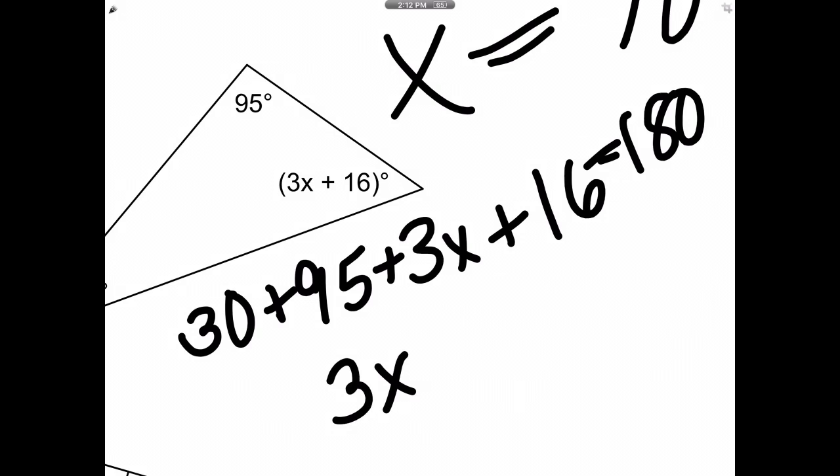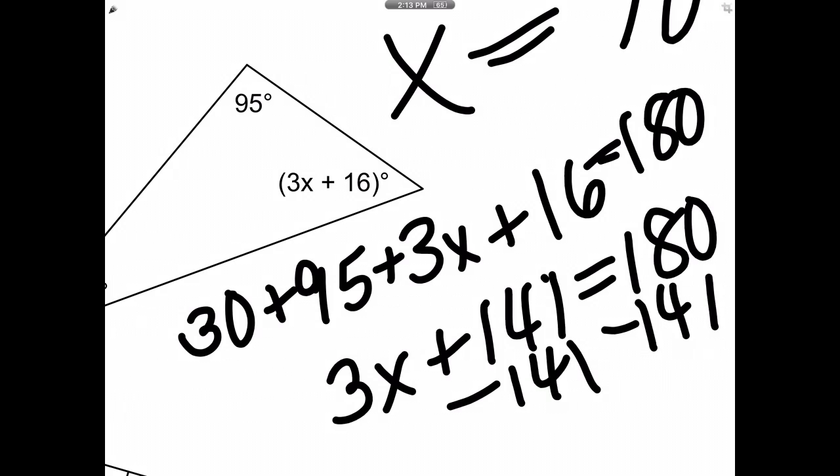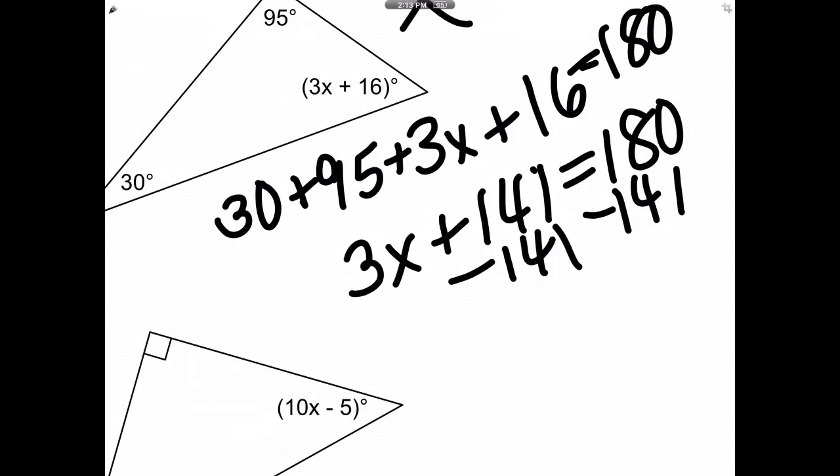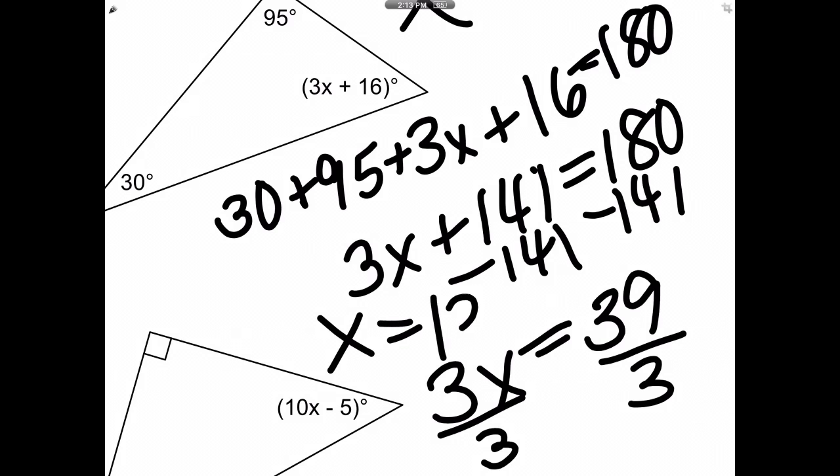So 30 plus 95 plus 16 equals 141. 141 plus 3x equals 180 degrees. Subtract 141, subtract 141. So you get 3x equals 39. Divide both sides by 3, and you get x equals 13.